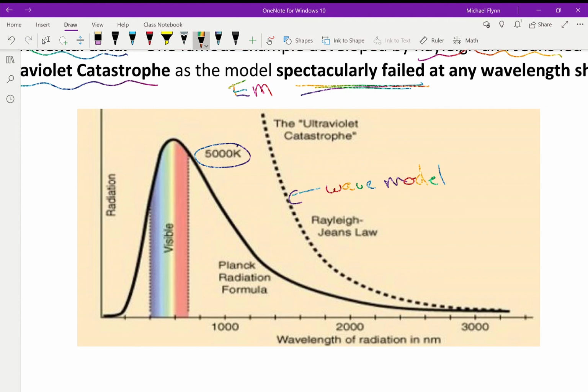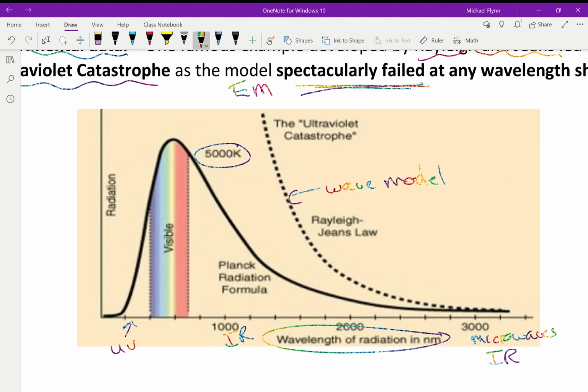intensity of light, and let me explain what this is at the bottom. This is wavelength down here. So down here, 3,000 nanometers, these are in the microwave range, and infrared. And then we're getting over here, we're still in IR. Then we get into visible light, and then here is UV, that's ultraviolet.